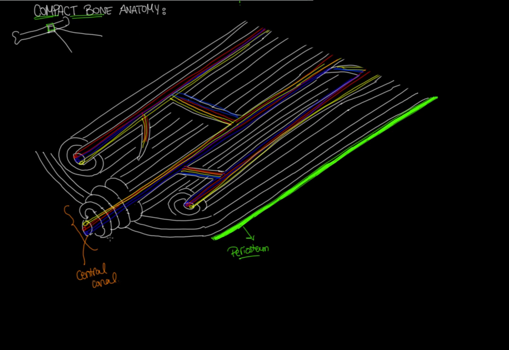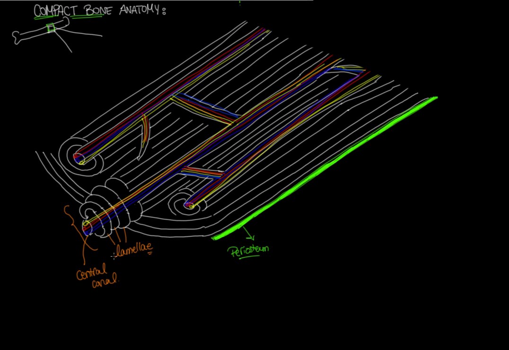But the central canal itself is surrounded by ring-like structures very similar to the rings of a tree. And these structures are what we call lamella. The E makes it plural, lamellae, and lamella with an A is the singular term.